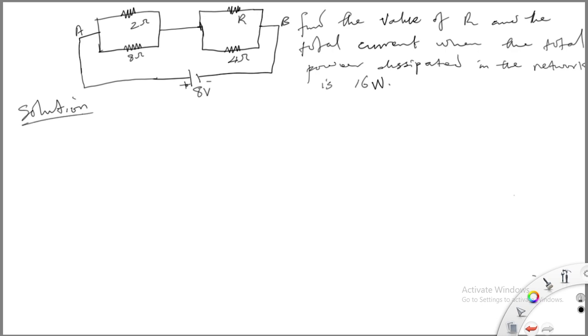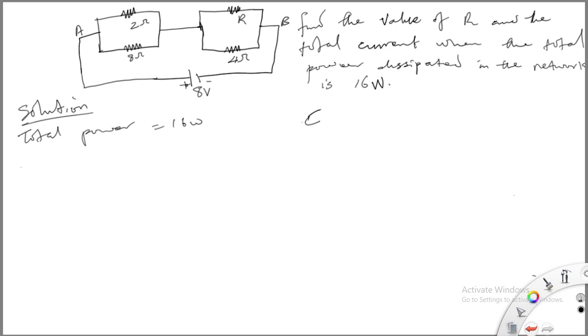Solution. So total power, we have it as what? 16 watts, right? Total power, we have it as 16 watts. Total current, we are now asked to calculate the total current, where, if you remember in our first class, we talked about the triangle rule, where we said V is equal to IR and I is equal to V over R. So here we're dealing with power, and we're asked to calculate the current.